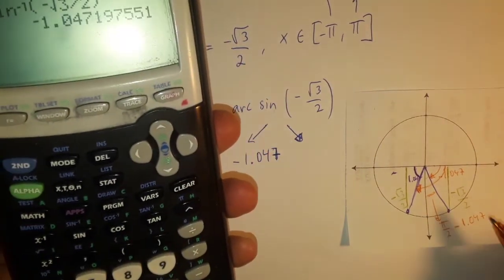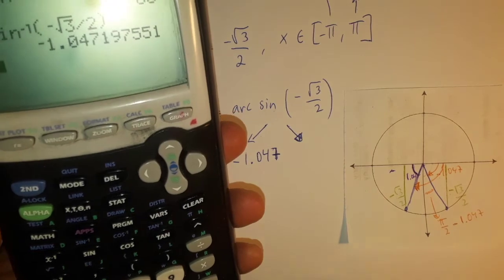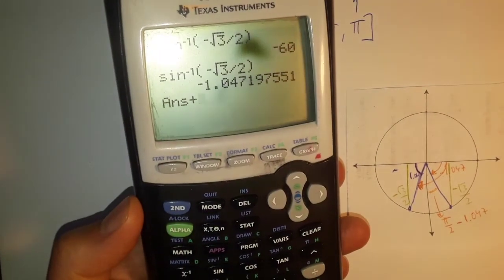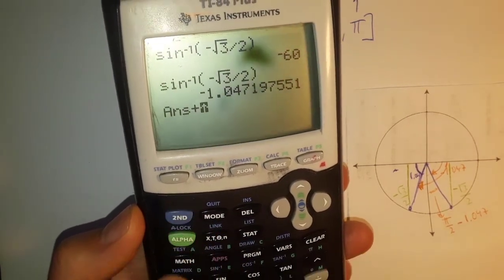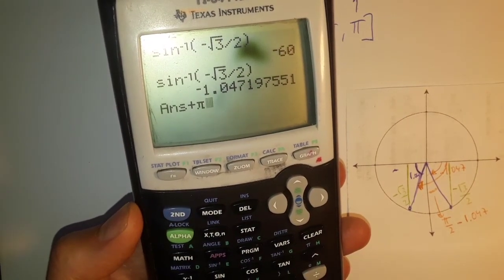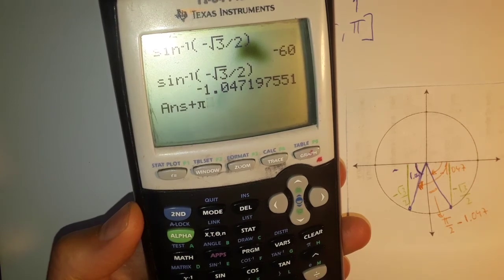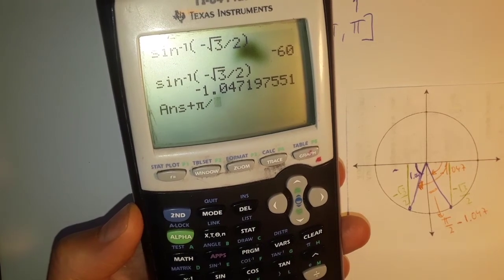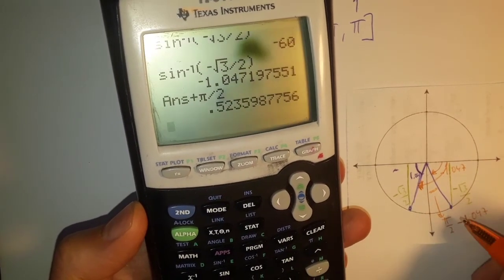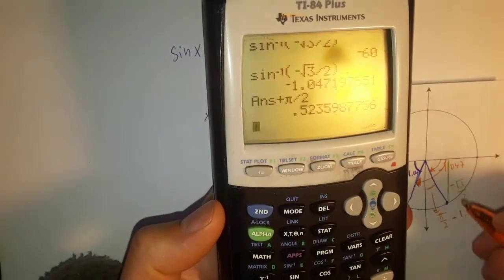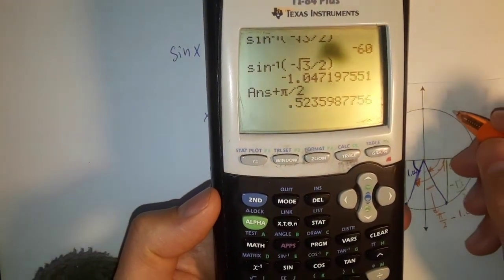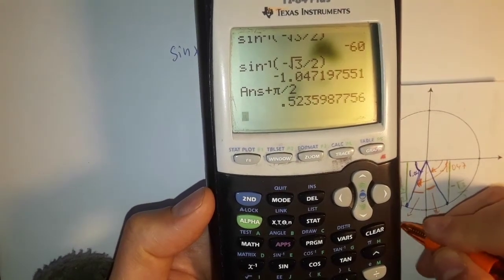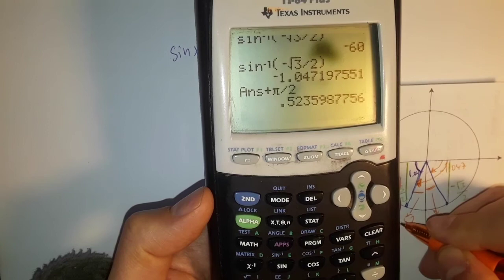So we have plus pi over 2. This one here is going to be 0.52.